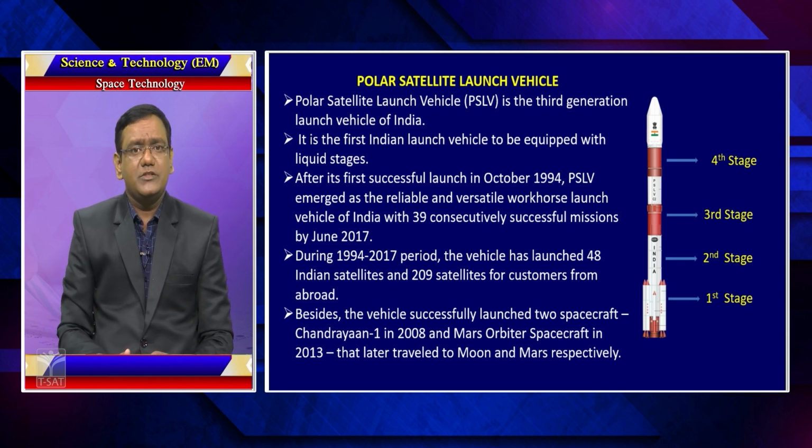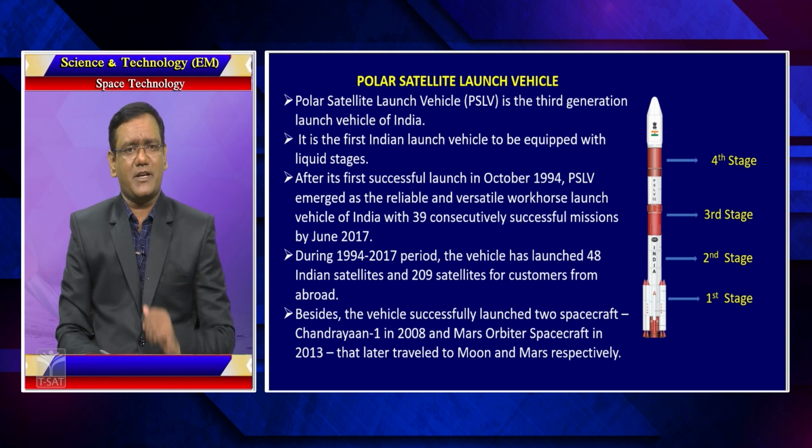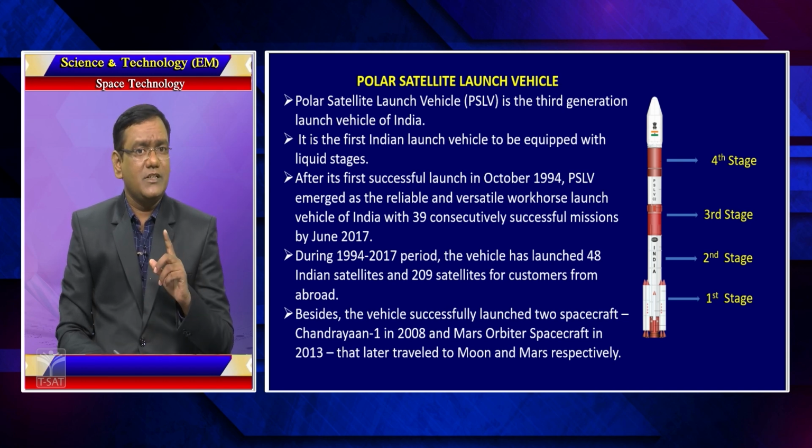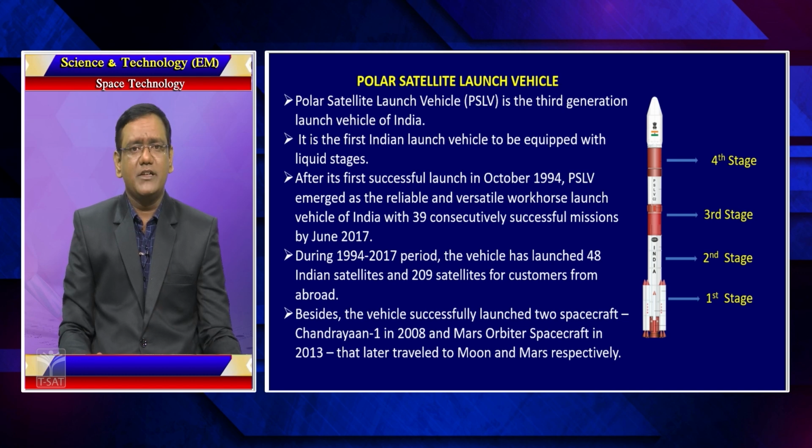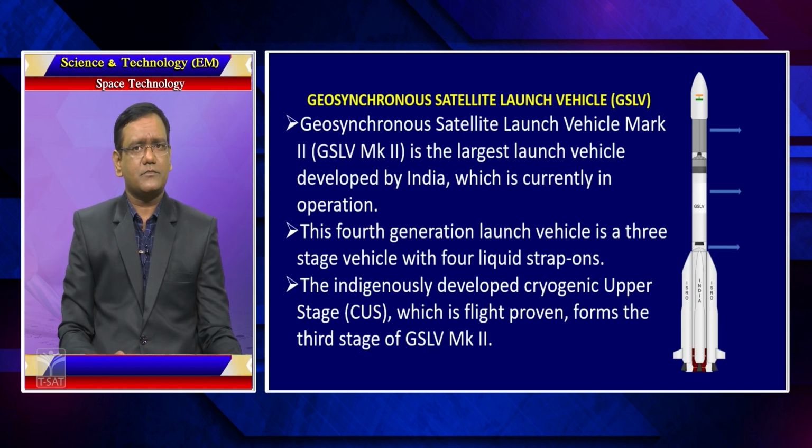The latter traveled to the moon and Mars respectively. Chandrayaan-1 traveled to the moon, and the Mars Orbiter Spacecraft went to Mars.